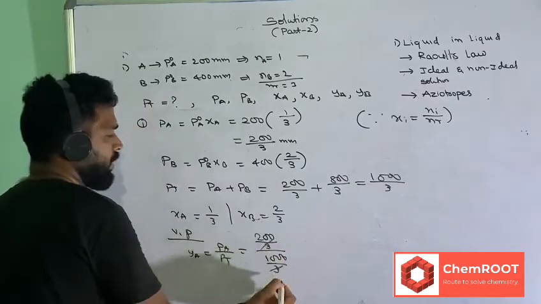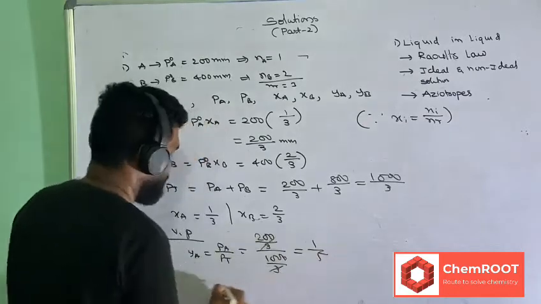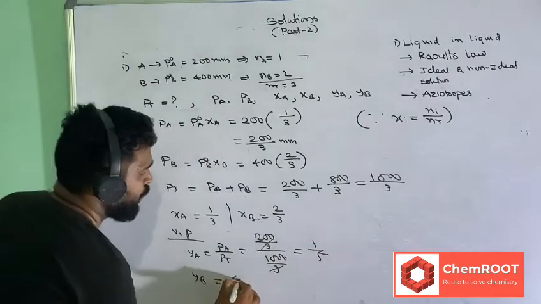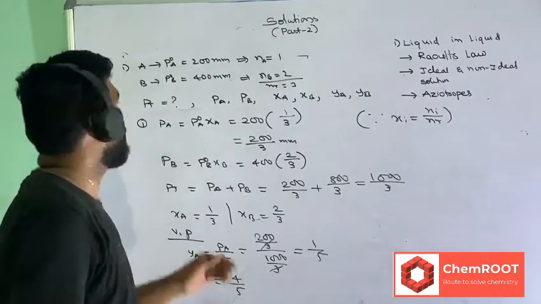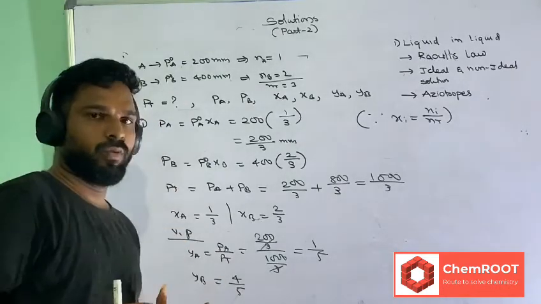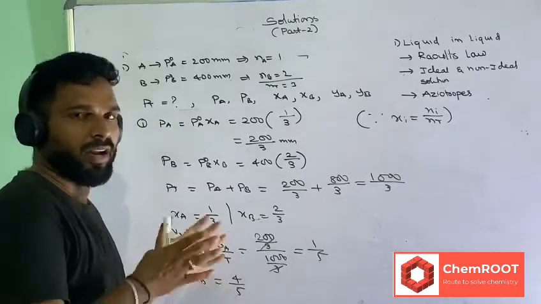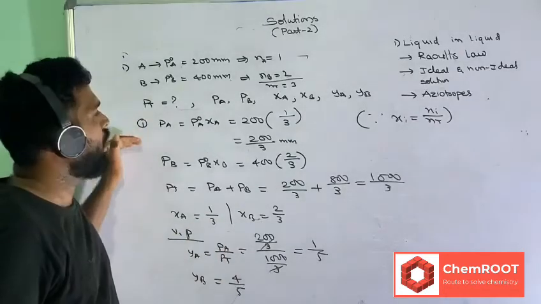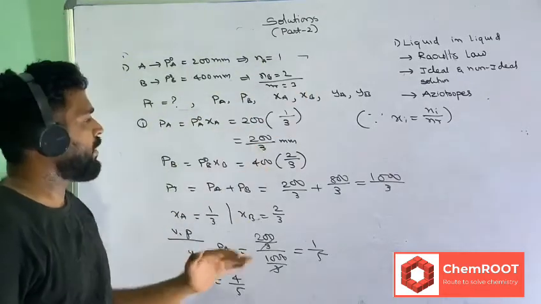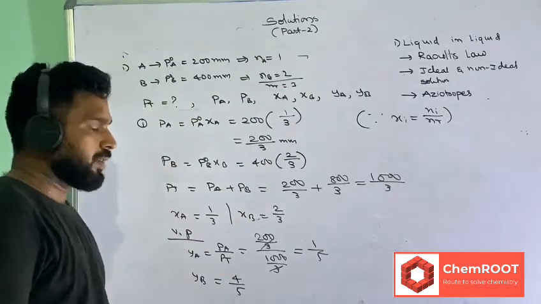So 3 gets cancelled and 1 by 5 will be there. Then YB will be 4 by 5. Like this we can solve questions where two volatile liquids are mixed, forming ideal solutions, and find P total and mole fractions in liquid phase and vapor phase. These are the questions they will ask.